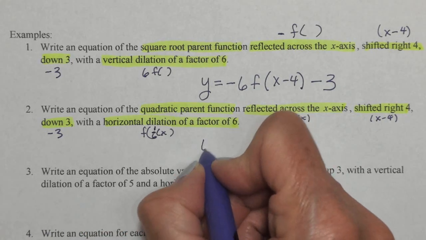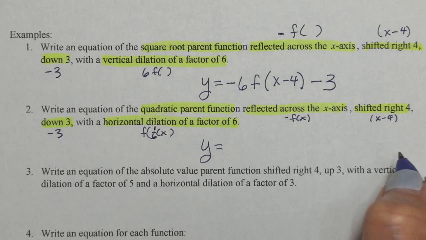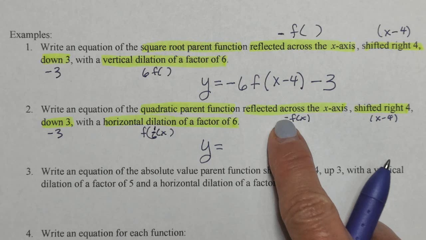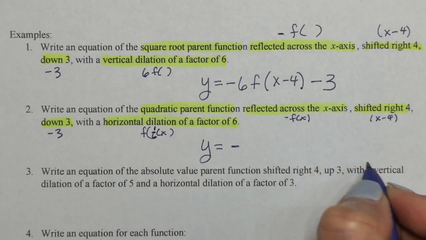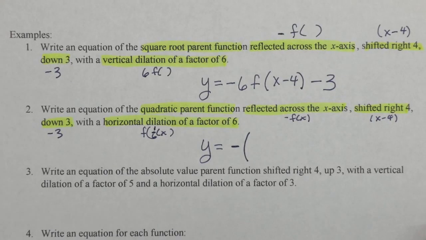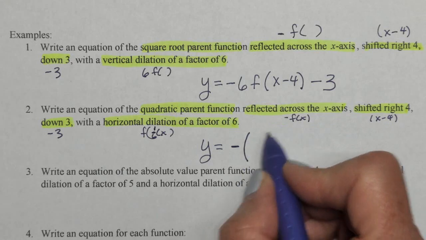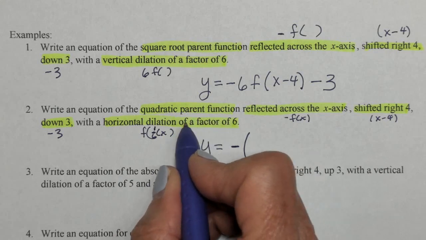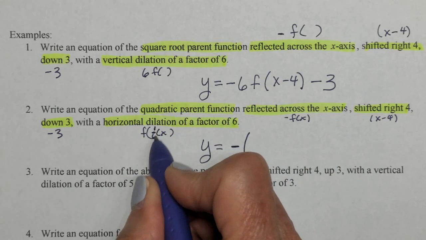Alrighty, let's put it all together. First this reflection. That's the negative, the only thing that's out in front of the whole thing, right? Negative. It's the quadratic parent function, and we're shifting it to the right 4 with a horizontal dilation of factor 6, which makes us put the 1/6 in there.